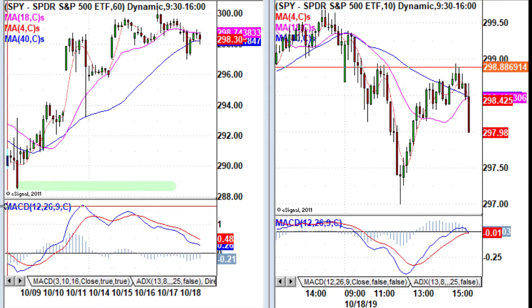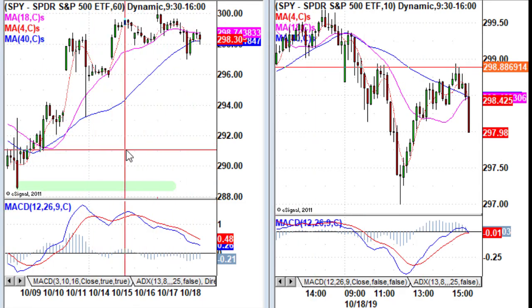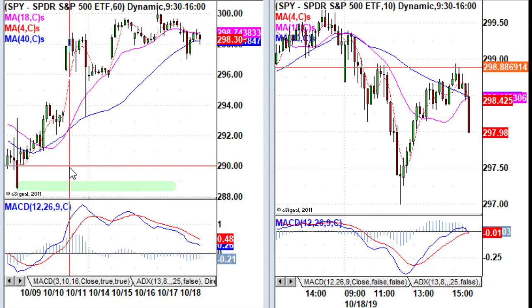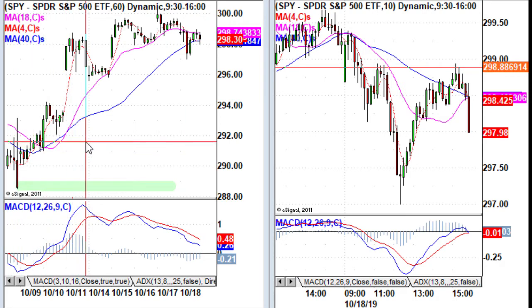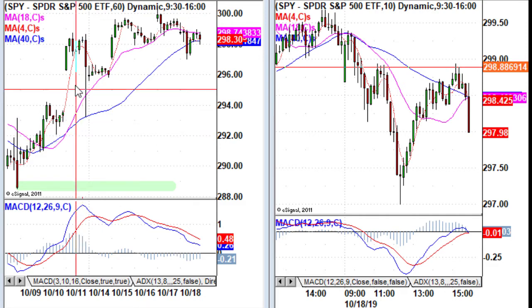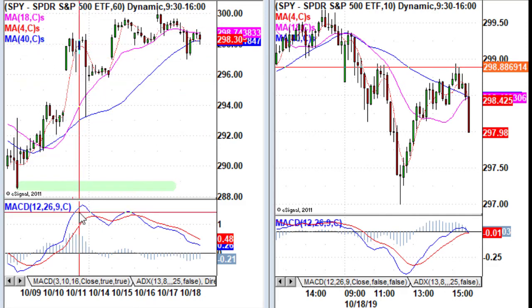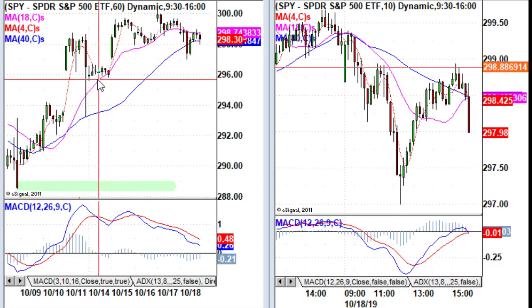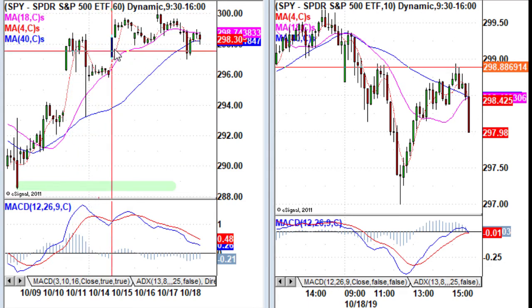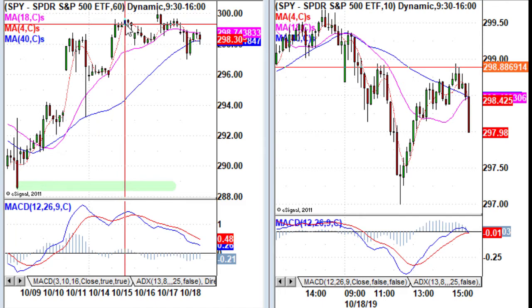So if we start here, I've got the crosshairs up so I can just point out where we are. The first peak I want to look at is taking place here. Pretty strong move, and the MACD line is confirming with a new high. And then we pull back to the 18 MA, make another new high here, and MACD makes a lower peak.